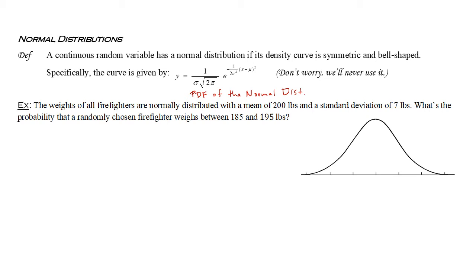It is a bell-shaped curve, okay, and we can rely mostly on our calculator to help us calculate the values of this particular function. So we never have to worry about entering this function ourselves, since our calculator will have this formula stored inside of it, and we never have to evaluate it ourselves.